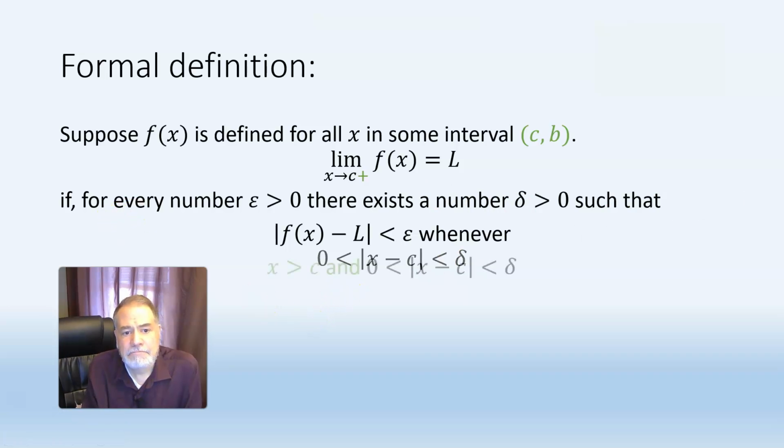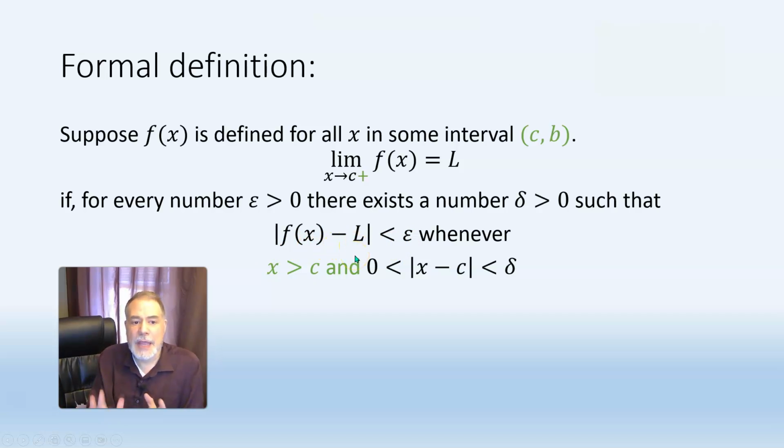And then instead of the absolute value of f of x minus L being less than epsilon, that is, f of x being close to the number L, within epsilon of L, whenever x is close to c, now it's whenever x is close to c and greater than c. So we can write it like this, or we can write it more compactly.